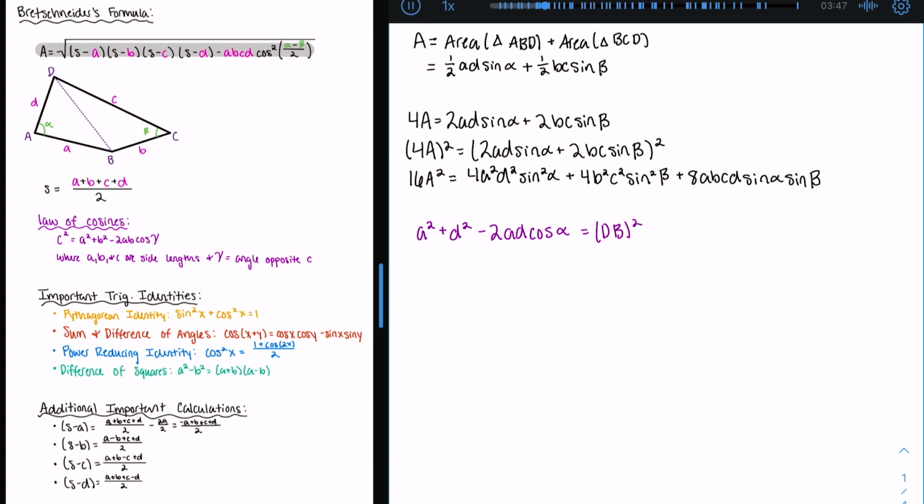Now I'm going to apply the law of cosines to triangle BCD, and I get b squared plus c squared minus 2bc times the cosine of beta is equal to segment DB squared. Now since both of our equations equal DB squared, we can set the two equal to each other.